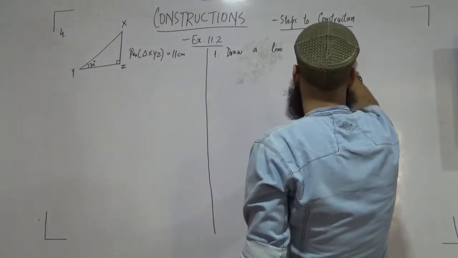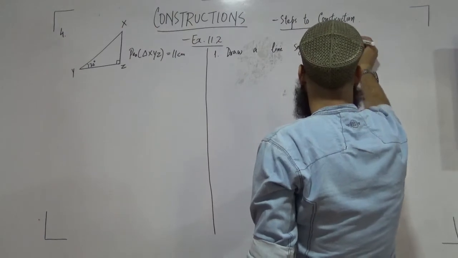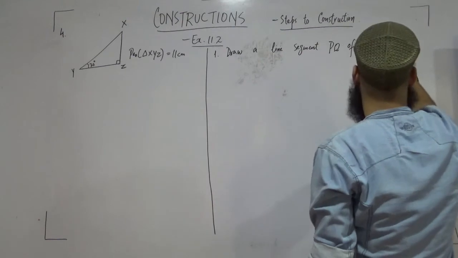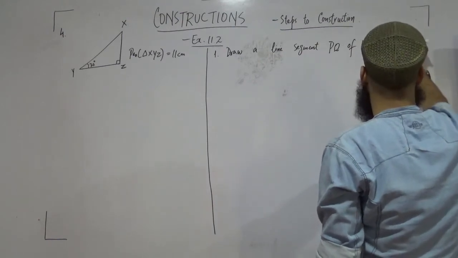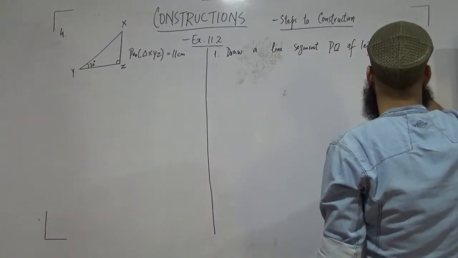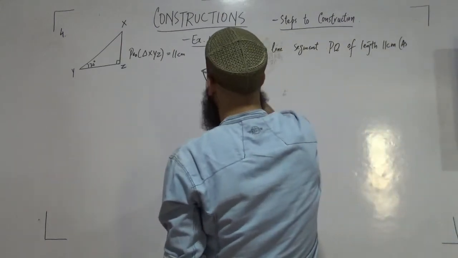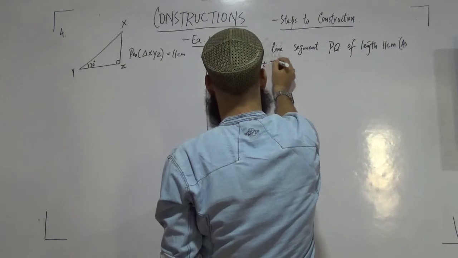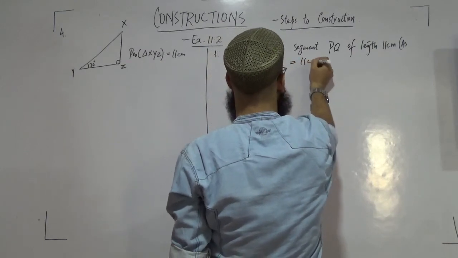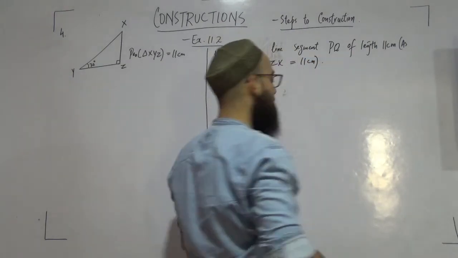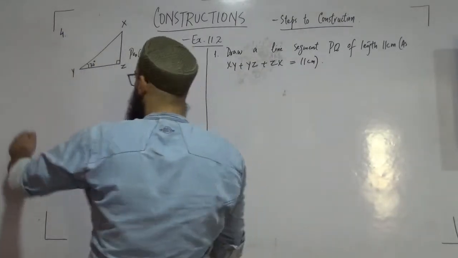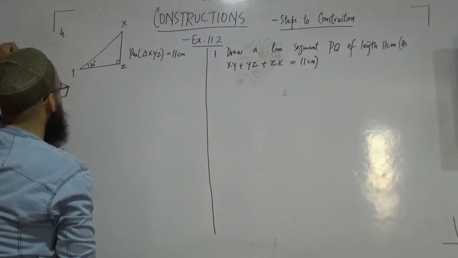Draw a line segment PQ of length 11 centimeter. Why 11 centimeter? As XY plus YZ plus ZX is equal to 11 centimeter. This is the reason why you are drawing 11 centimeter PQ. So go with it.